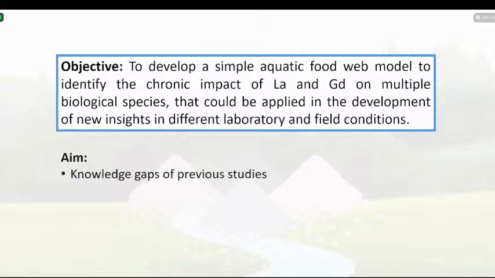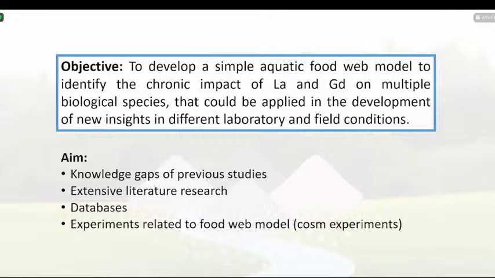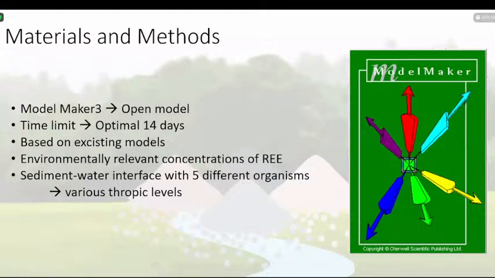We aim to do this by looking at the knowledge gaps of previous studies, but also do extensive literature research and look into databases where information is readily available, and perform not only individual bioassays, but also experiments related to food web modeling, so-called COSM experiments. I will talk about that a bit more later on.